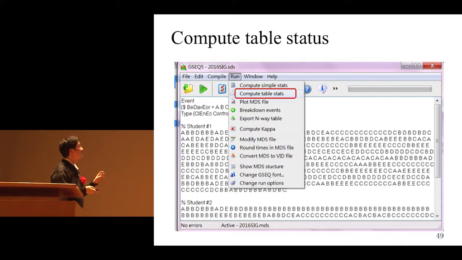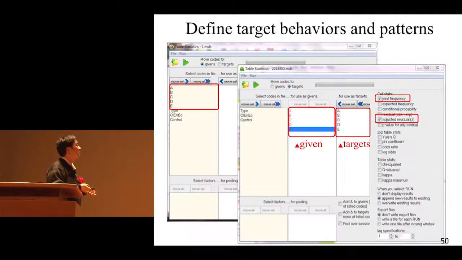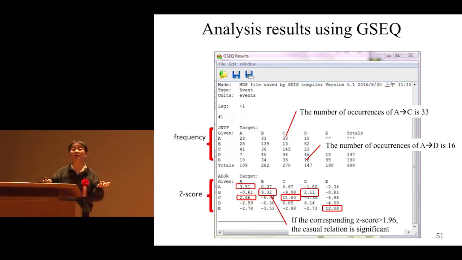And then we select some function, click on this button to compute the frequency and adjusted residuals, that means the z-score, and then we get these two tables.